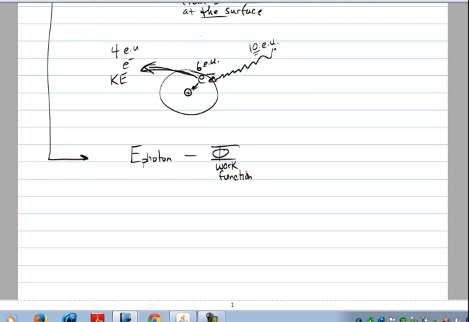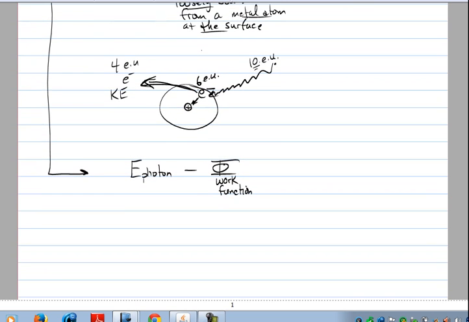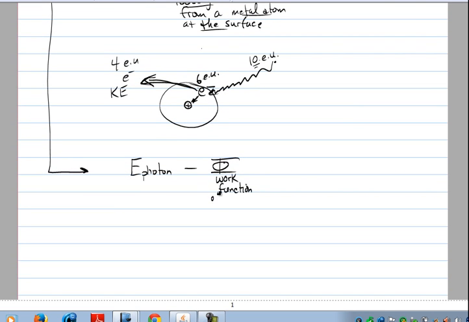So these are not gas phase atoms or anything like that. These are the solid metal. So it's the work function of the particular metal. That's what all those words mean. And the difference between those two things will be the kinetic energy of the ejected electron.